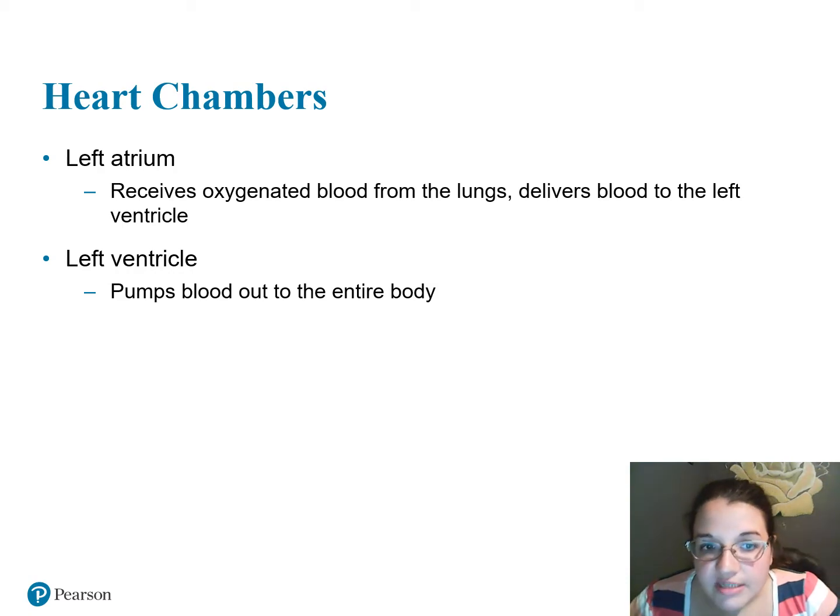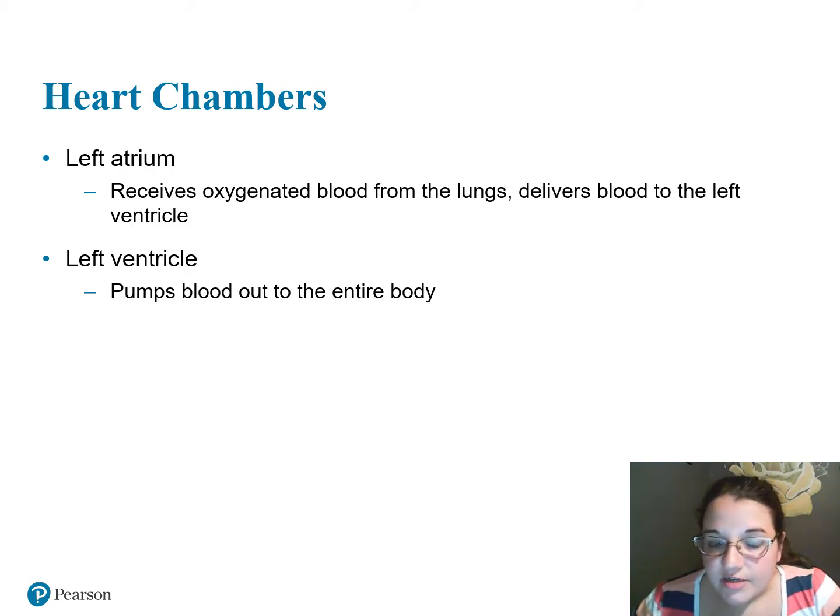So you'll notice your atrium chambers, your top 2 chambers, they receive blood. Your right atrium receives deoxygenated blood, and your left atrium receives oxygenated blood. And then your ventricles pump blood out of the heart, which means it needs more pressure to get the blood out.